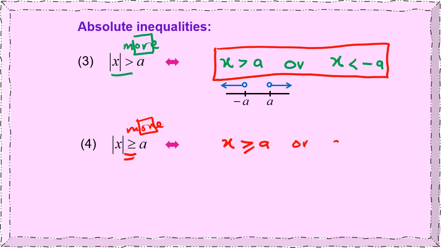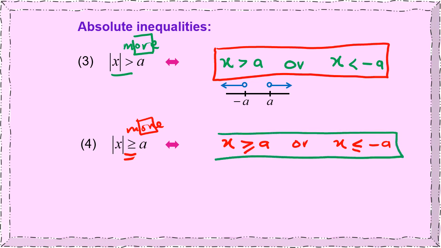The other one is x in the opposite direction, less than or equal to, with opposite sign, negative a. This is the definition for number 4. So what is or? Or is the union. For and it's an intersection, for or it's a union.